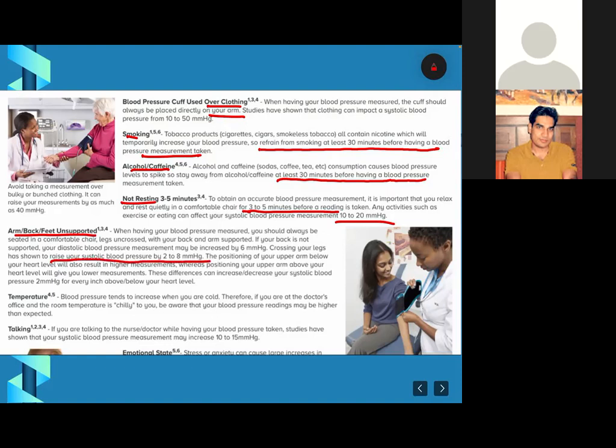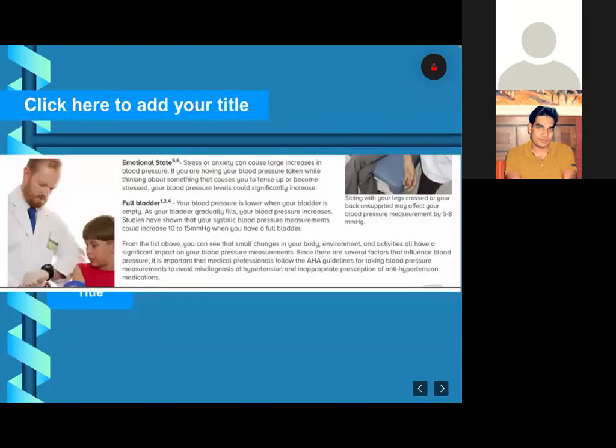Likewise, the temperature: if the patient has a cold, this will be higher than the expected blood pressure. If the patient is talking, it will also increase the blood pressure by 10 to 15 millimeter of mercury. Emotional state also increases it. If the patient's bladder is full, it also increases the blood pressure.